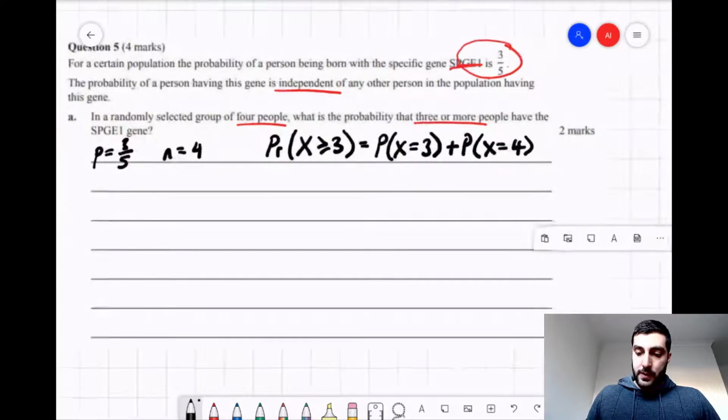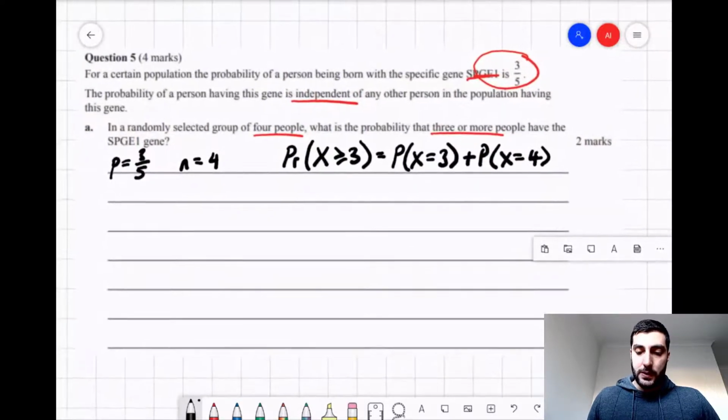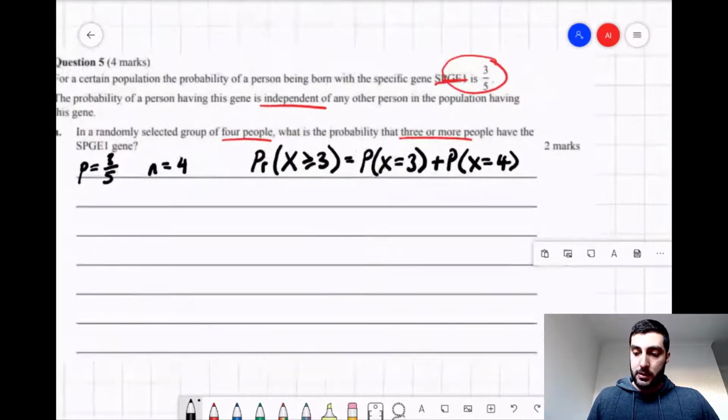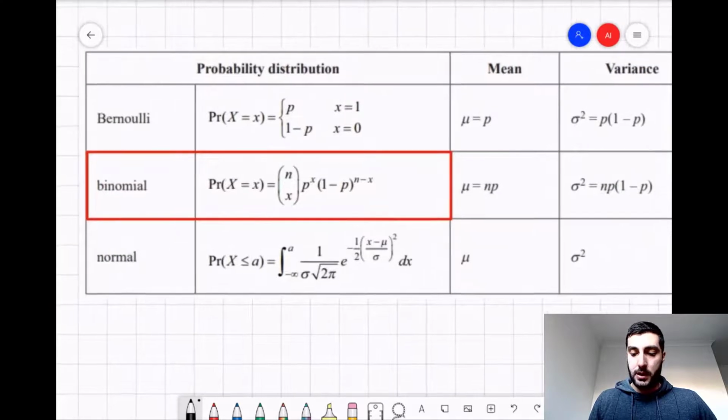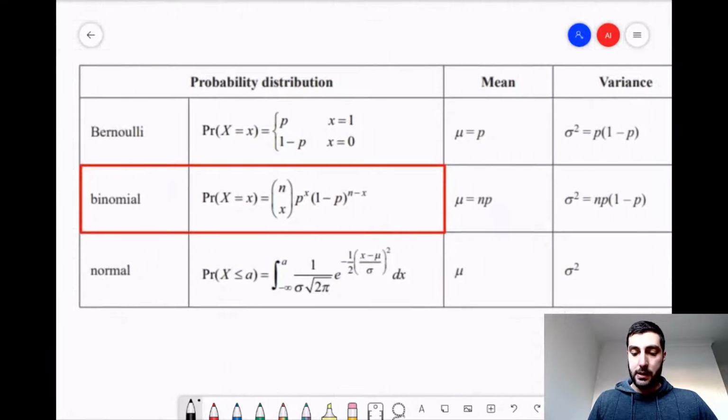So to evaluate this, we need to make use of the binomial formula, and this actually was provided in the formula sheet, so hopefully you can see that. I've highlighted it in that red box there. We can see the probability of X equals x is n choose x, p to the power of x, 1 minus that probability to the power of n minus x.